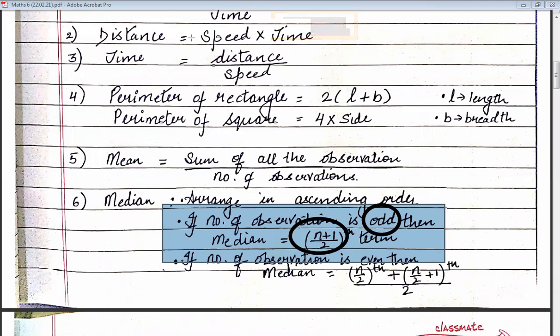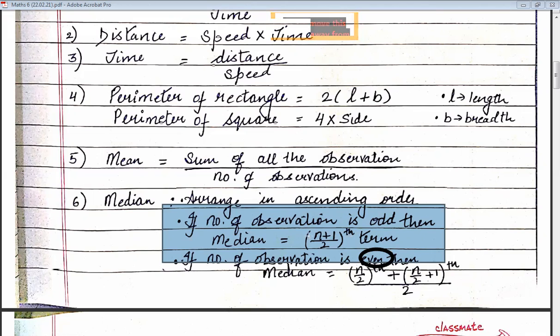While if the number of observations is even, this is very important, then median will be the n upon 2th term plus the n upon 2 plus 1th term, divided by 2. So right now there will be two values and then you have to find the median of those values.